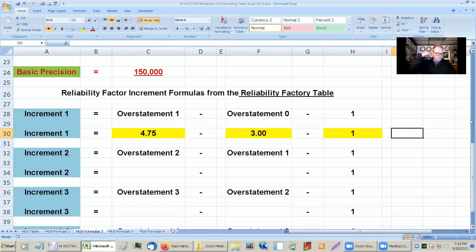That's going to equal. So 475 minus 3 is what, 175. So this would be 0.75, I think. Yeah, 0.75. So this is our first increment.